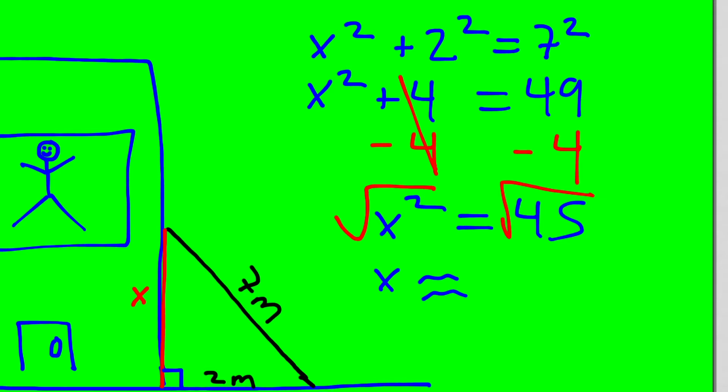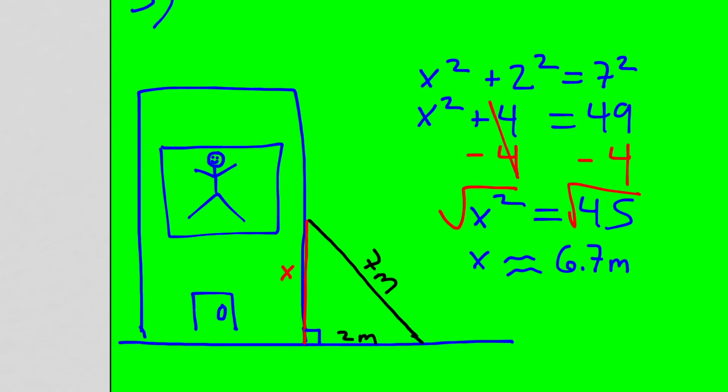We can just round that off to 6 and 7/10 meters. That's how far up the wall that ladder reaches, 6 7/10 meters. Okay, so to solve these kinds of problems, draw a diagram, see if you can find the right triangle, and then use the Pythagorean theorem to solve it.